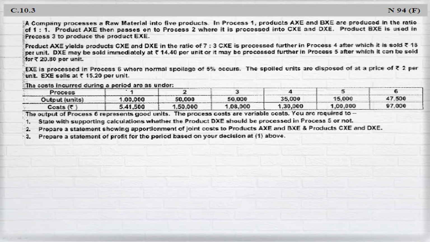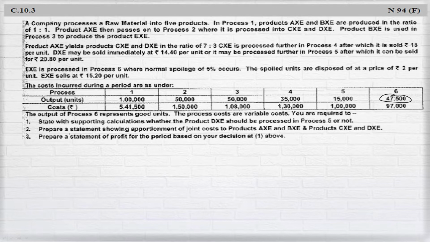The costs incurred during a period are: process 1 is 1 lakh, 2 is 50,000, 3 is 50,000, 4 is 35, 5 is 15, and 6 is 47,500. The output of process 6 represents good units produced. The process costs are variable cost.